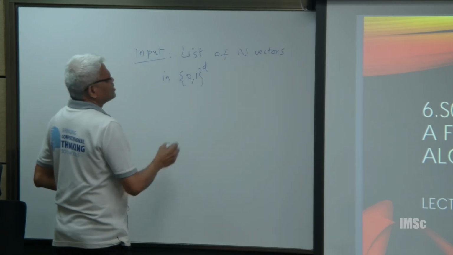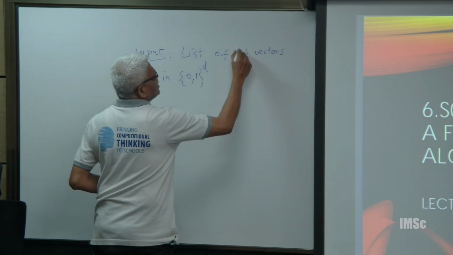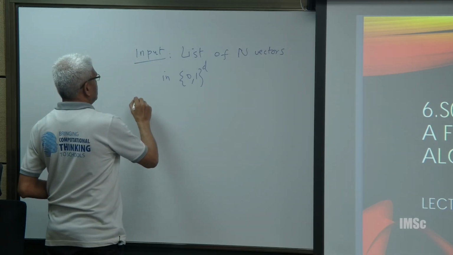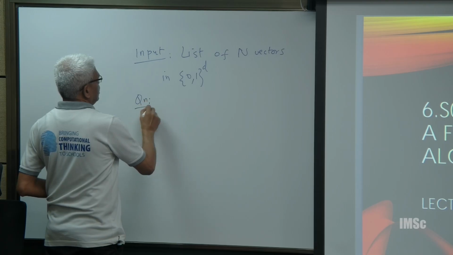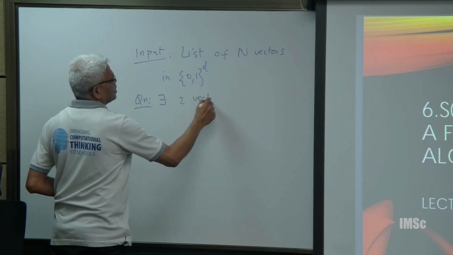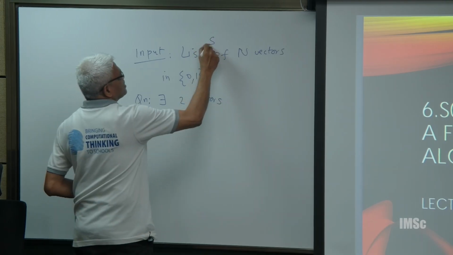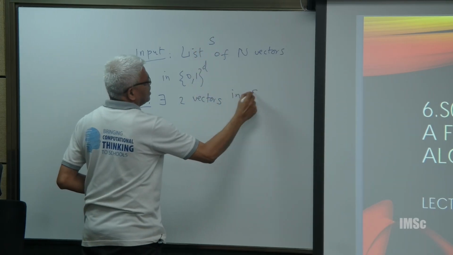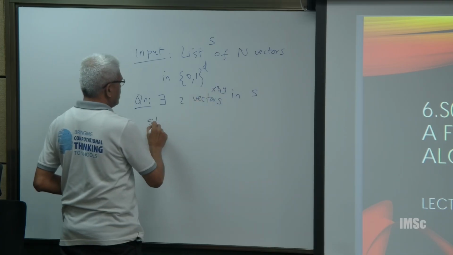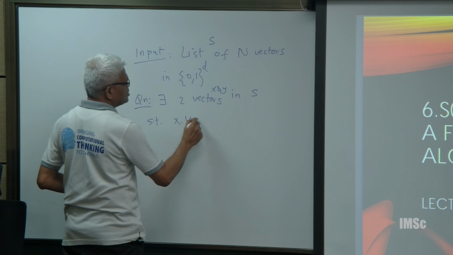So, a list of n vectors in {0,1}^d, and the question I want to ask is, does there exist two vectors in the set S, x and y, such that the inner product is 0?